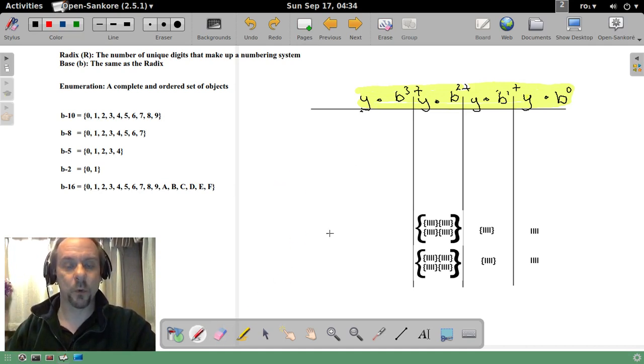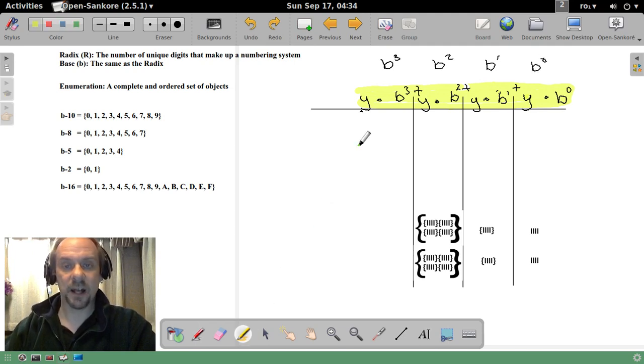What's important here is the idea of expanded form and place value. There's b to the second, b to the first, and b to the 0.